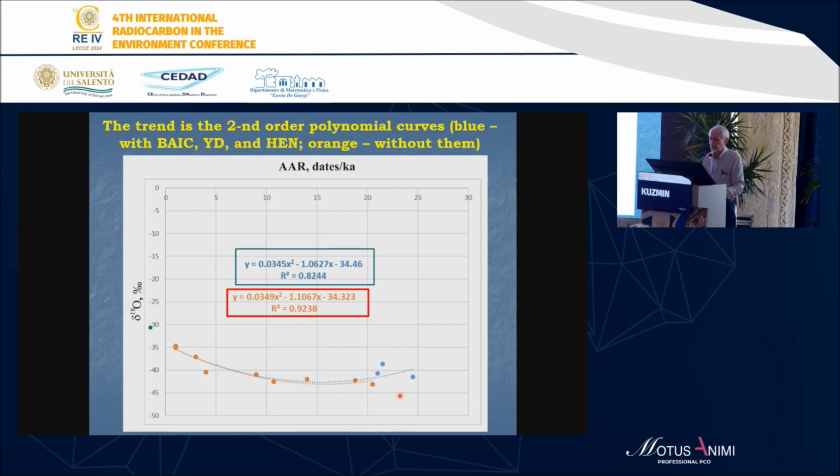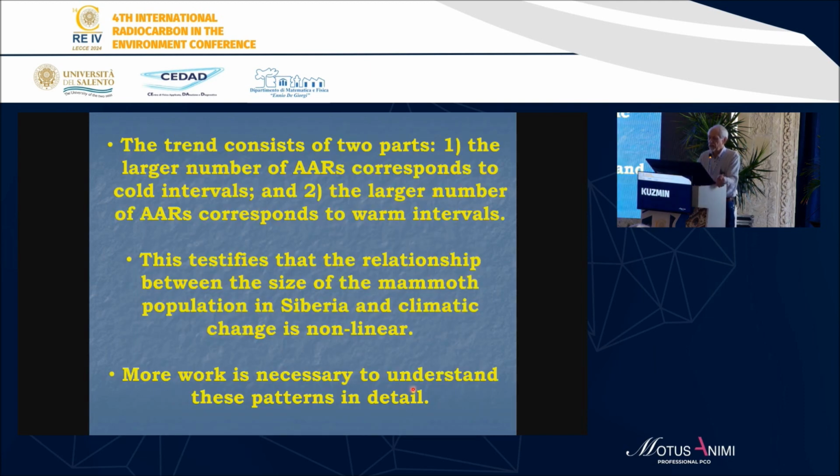And the result is that the trend consists of two parts. First, more mammoths means colder intervals. And then the trend changed: more mammoths belong to warmer intervals, which means that the relationship is non-linear.